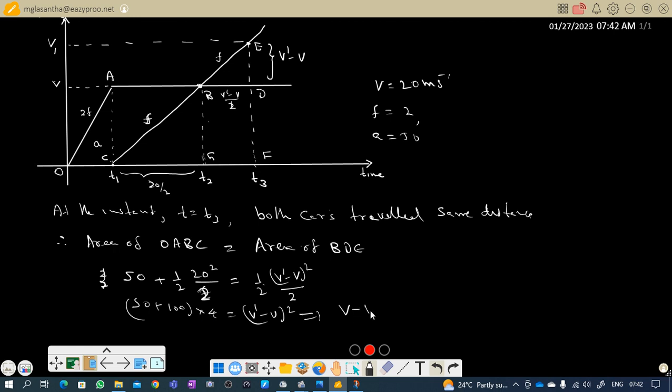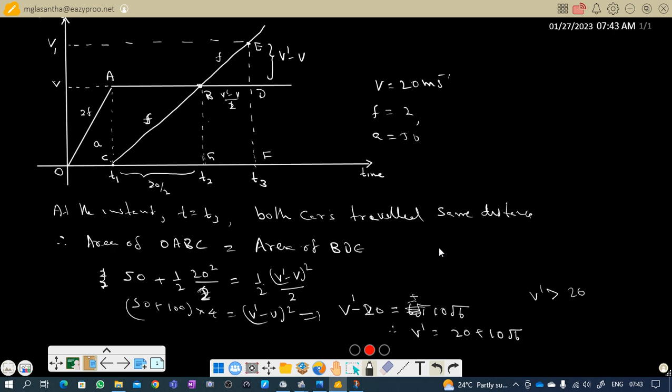V is 20, V dash minus V equals plus or minus 10 root 6. But V dash is greater than 20, therefore V dash equals 20 plus 10 root 6.